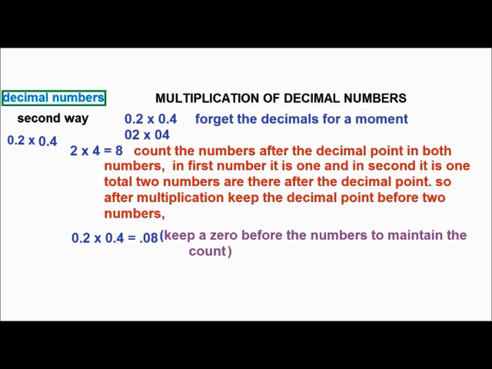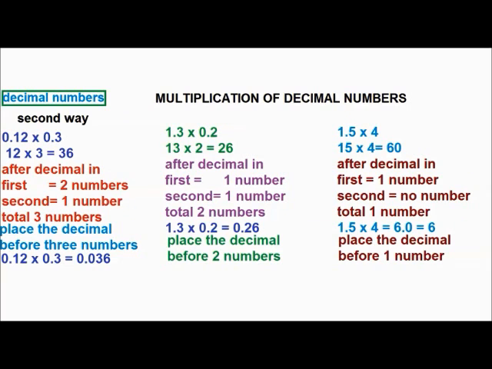So after multiplication, keep the decimal point before 2 numbers. So put 0 before 8 and after that a decimal. That will become 0.08. Keep a 0 before the numbers to maintain the count. There are some more examples of multiplication of decimal numbers.